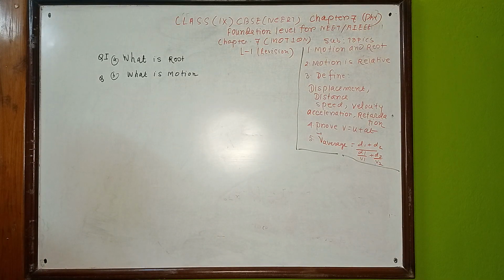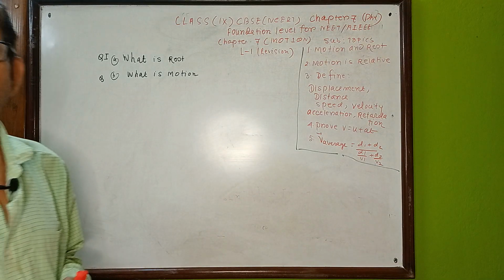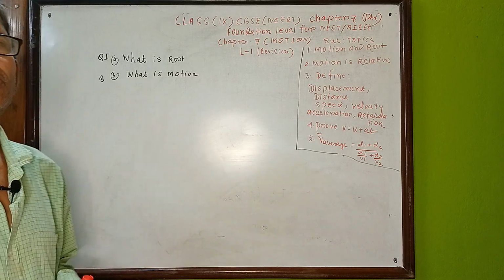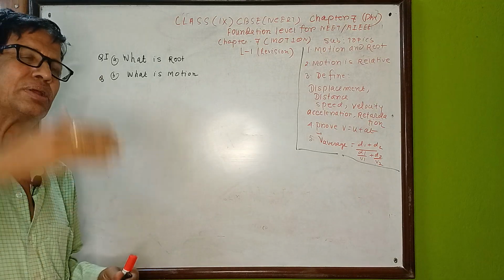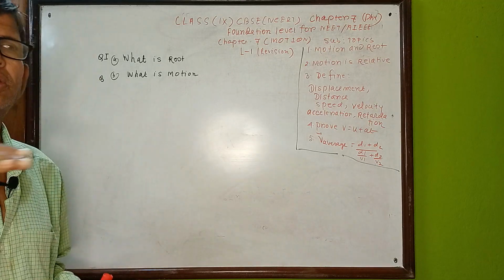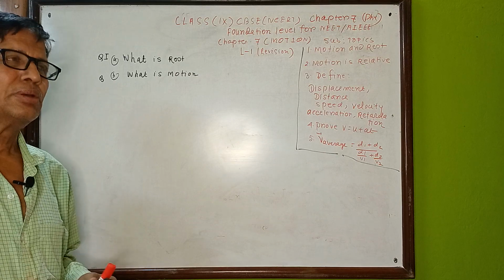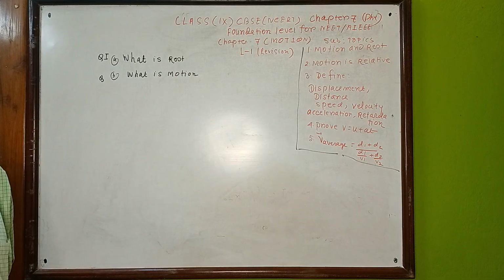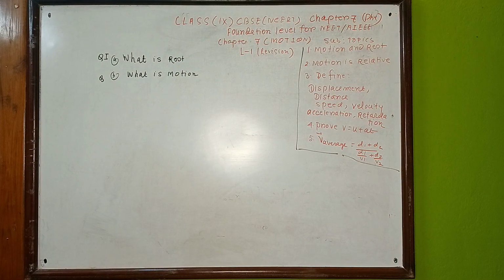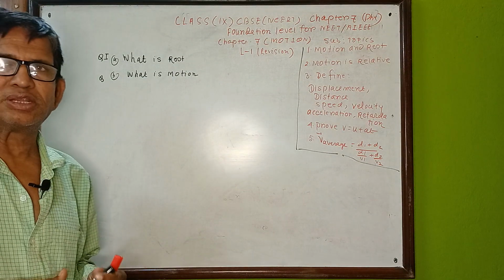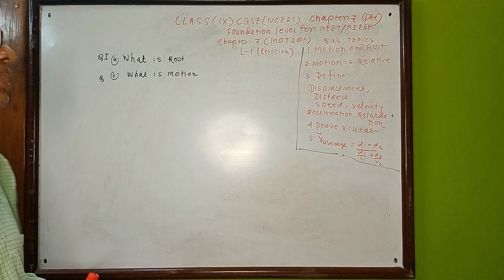What is rest? First thing, whatever you observe in front of you, either the body is at rest or is in motion. As for example, a bird flying, that is, the bird is in motion, a train running, that is, the train is in motion, but I am standing on a platform, I am at rest. So rest means the body does not change its position with respect to time.